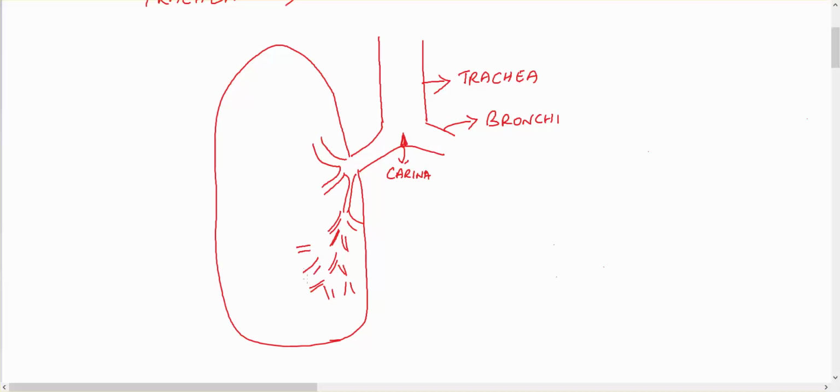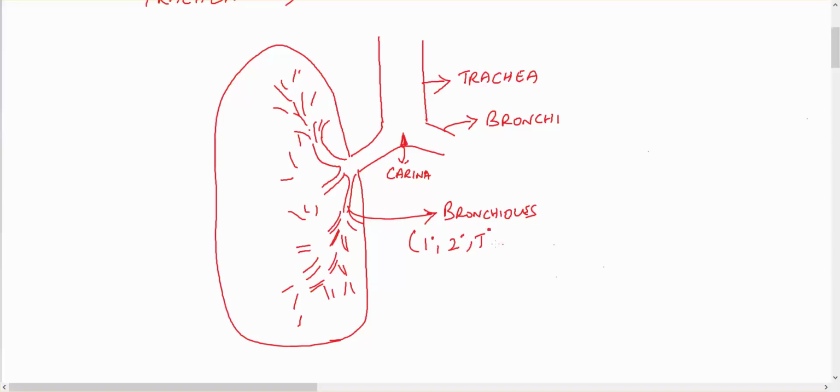They give more branches, and we have primary, secondary, tertiary, and respiratory bronchioles. They all end up forming alveoli.